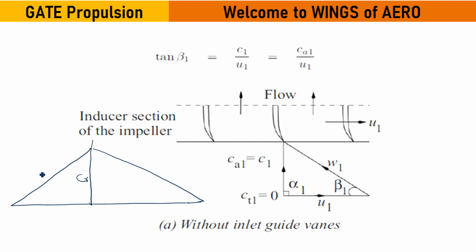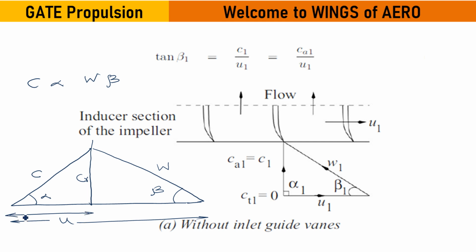Here we write C. This angle is going to be alpha, because of the small trick I've said: C alpha, W beta. So here we have W, and this one is beta. Simple trick. And the complete one is U, and from here to here is our whirl motion, C_W, C suffix W, whirl or tangential, you can say.